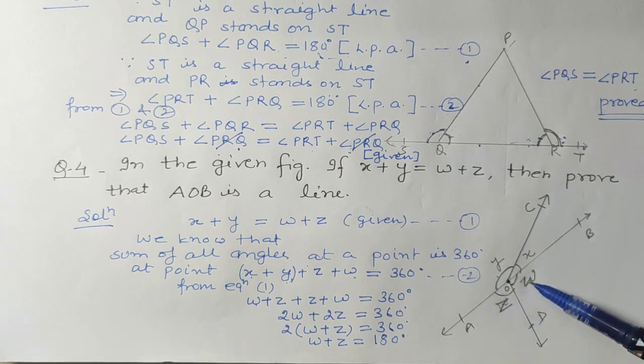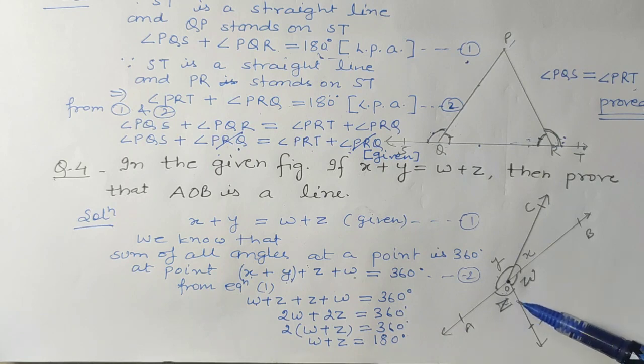these two angles, w plus z. Firstly, they are adjacent angles, and the sum of their angle is 180 degree. So if the sum of two adjacent angles is 180 degree, then it is surely a straight line, this AOB.